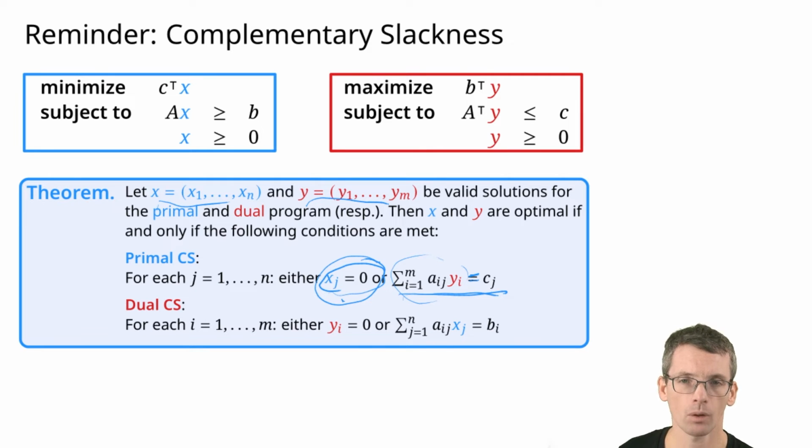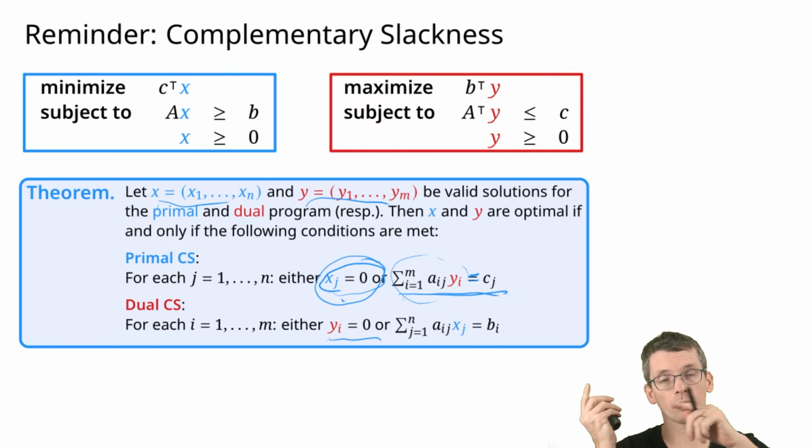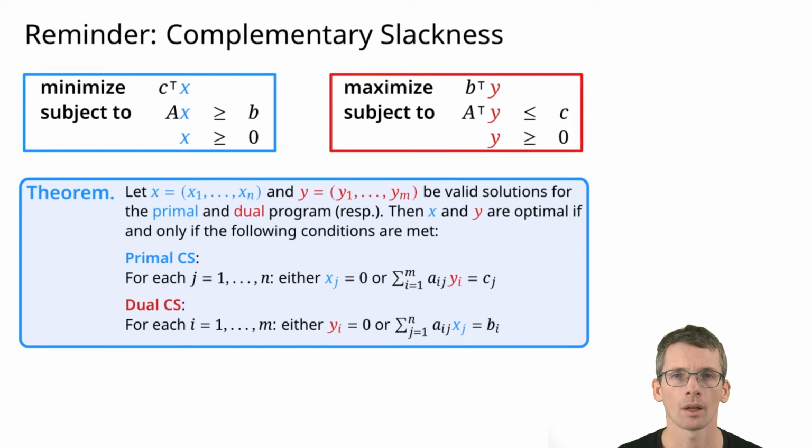Either this is 0 or the dual constraint holds with equality. And likewise in the dual, y_i is 0 or the corresponding primal constraint holds with equality. So x and y are optimal if and only if I have these conditions, if and only if complementary slackness holds. Complementary slackness is a key tool in the Primal-Dual approach.